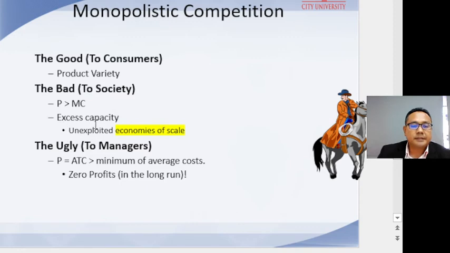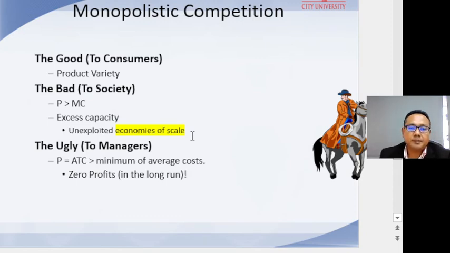So excess capacity, because when a monopolistic competition company enters the market and produces a brand, they have a bigger capacity compared to the perfect competition company, which normally goes to small companies.